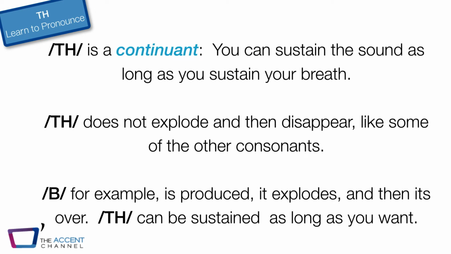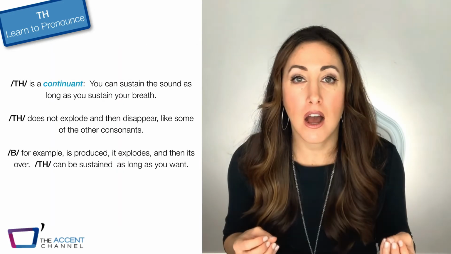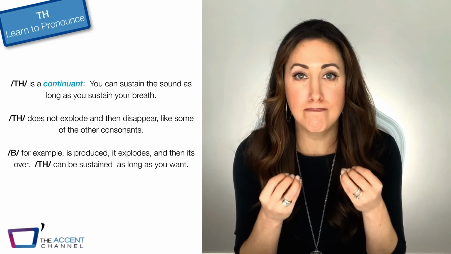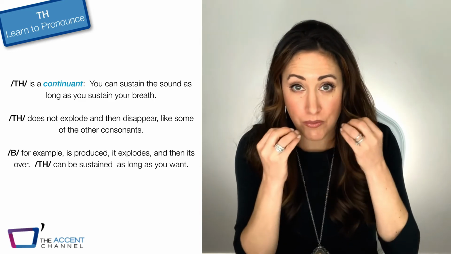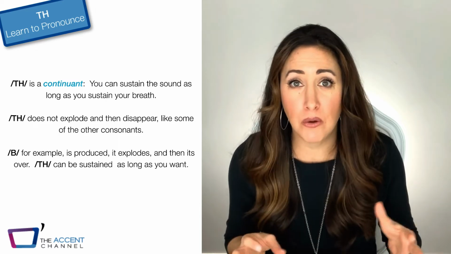TH is a continuant. All that means is that you can sustain the sound as long as you sustain your breath. TH does not explode and then disappear like some of the other consonants in English. B, for example. B. You pronounce it, it explodes, and then it's over.